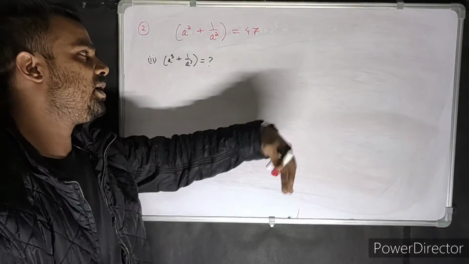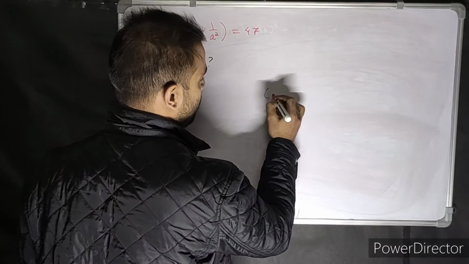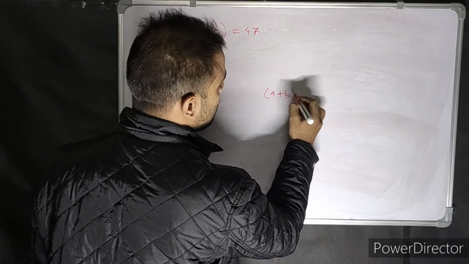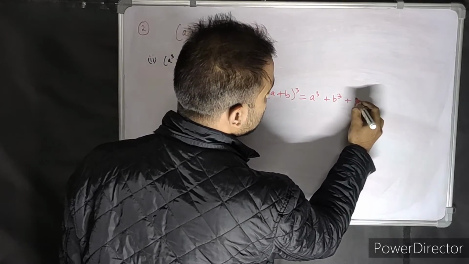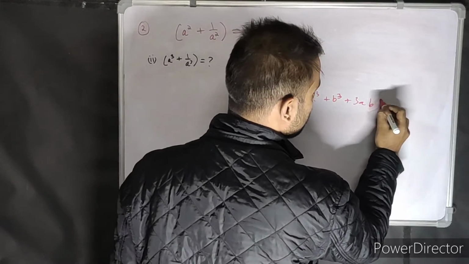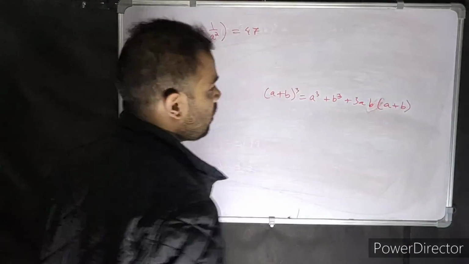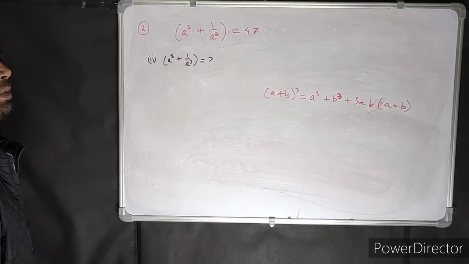The basic formula is the whole cube. A plus b whole cube. See look, a plus b whole cube is equal to a cube plus b cube plus 3ab, look, 3ab into a plus b. Now if you say yes sir, I have a formula for a cube plus b cube.